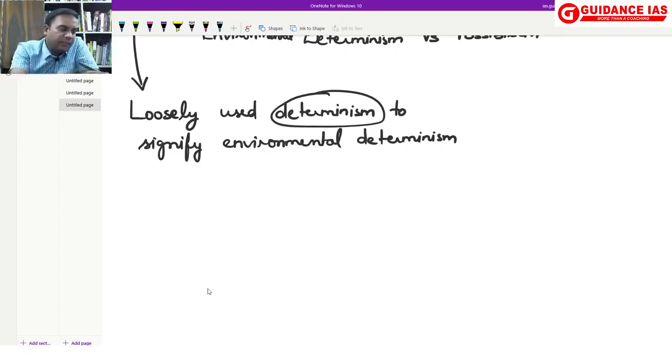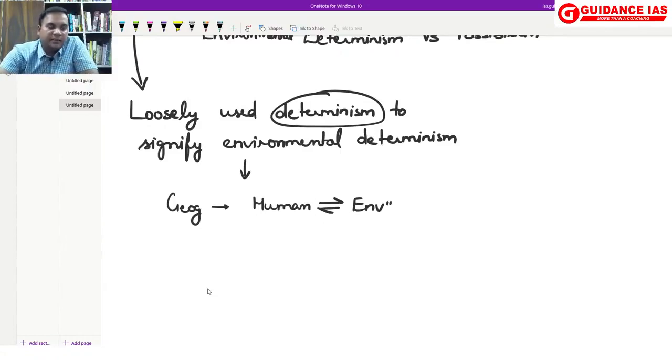Why? Because simply, tell me, what is the scope, the subject matter of geography, particularly human geography? Can I say it is the human and environment relationship? Isn't it? It is the study of human-environment relationship.